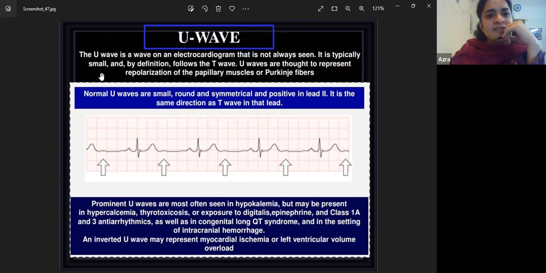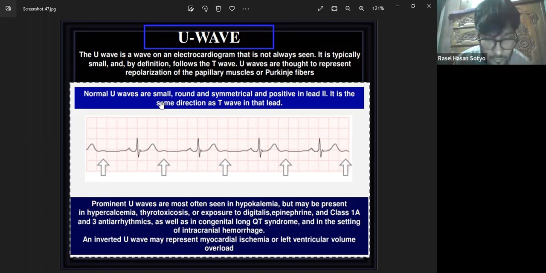It is typically small and by definition follows the T wave. U waves are thought to represent repolarization of the papillary muscles. Normally U waves are small. The simple thing is that the U wave is very rarely seen, but if it is present, it will be seen.